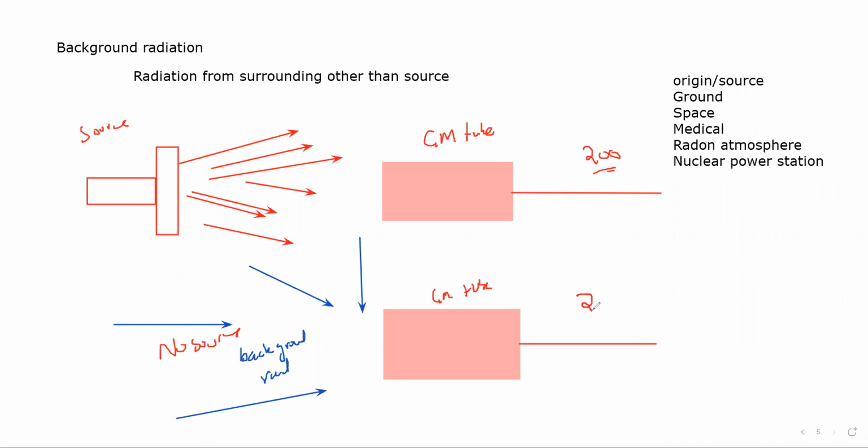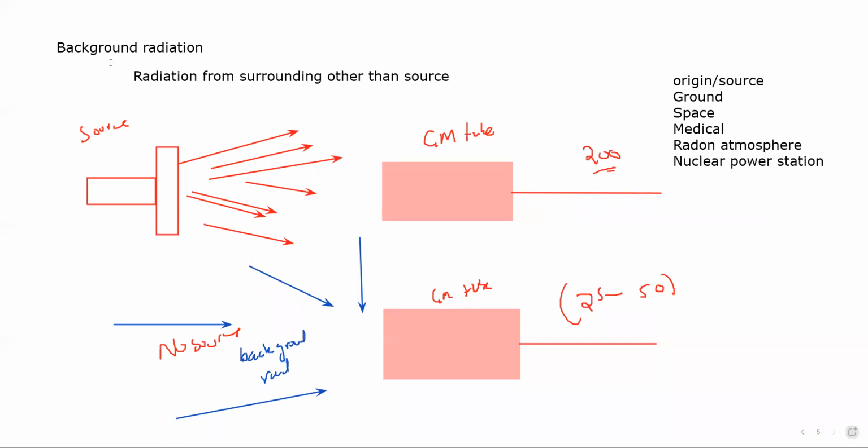For example, normally 25 to 50 radiations are coming from the background. So if I want to find the actual radiation from the source, what is the formula?